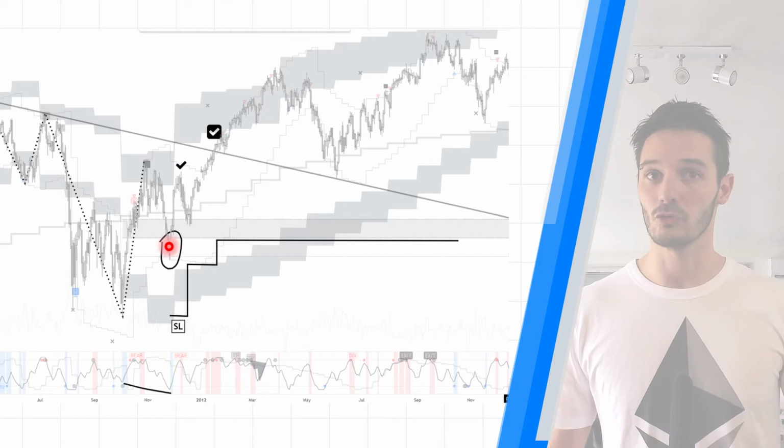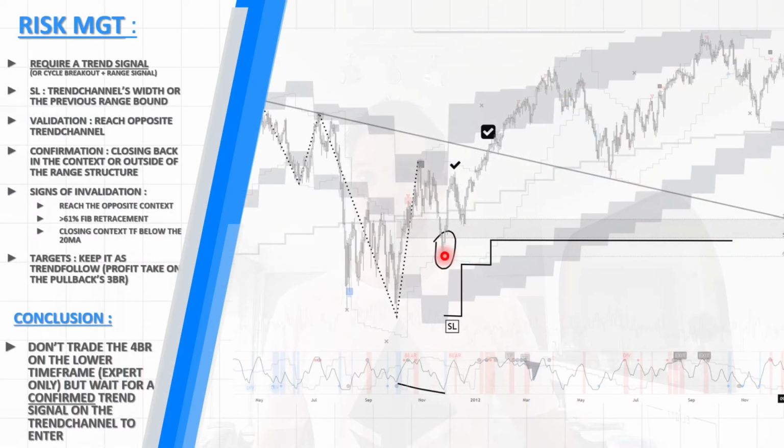Remember that you don't trade the fourth range boundary on the lower time frame, okay? But you can zoom into the lower chart time frame to look for a signal. Normally, there should be a signal in the fourth range boundary. The better the signal, the better the risk limitation will be. Like if you've got a nice exit pattern into this lower time frame signal, that is definitely good for you.